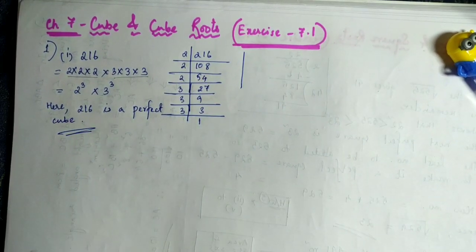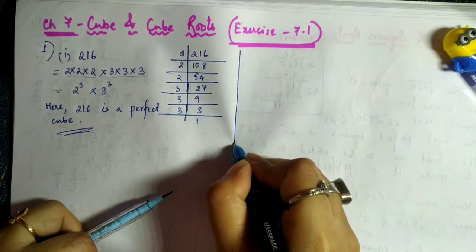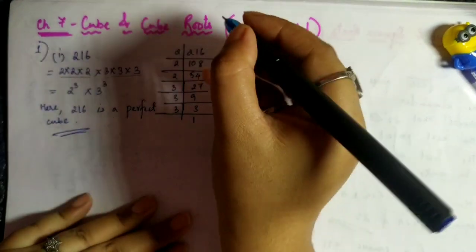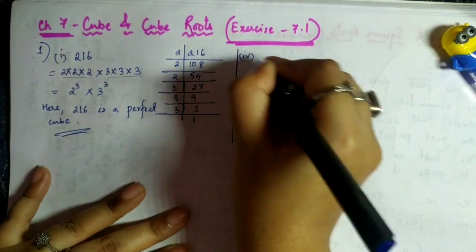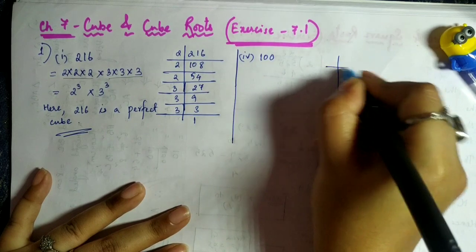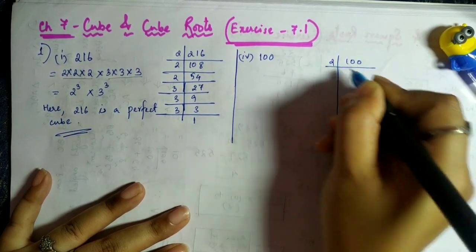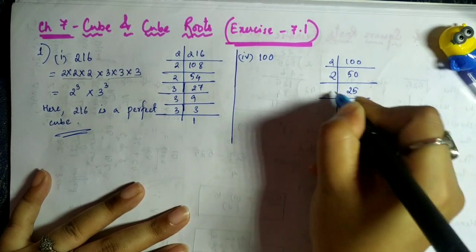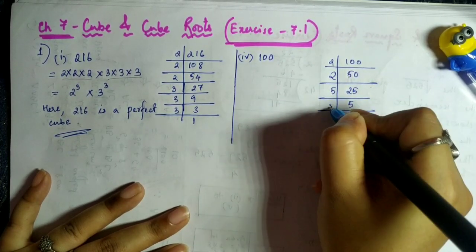In the same way I will show you another number. Let me show you question number 4, where the given number is 100. Let me factorize it: 2, 50, 2, 25, then 5, 5, 1.